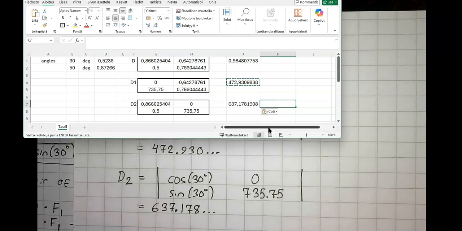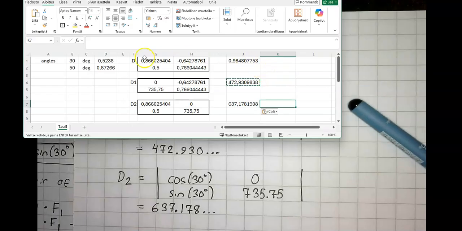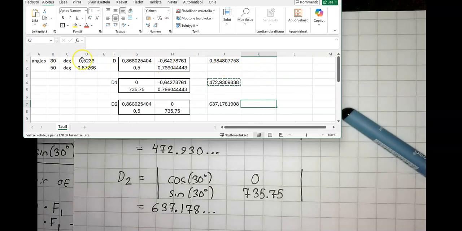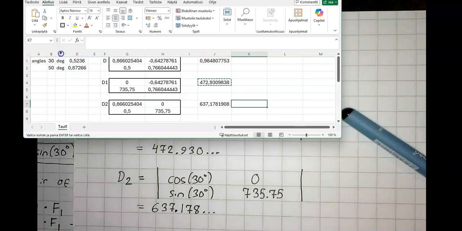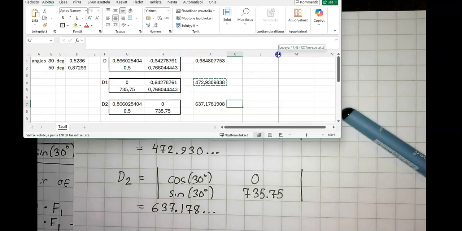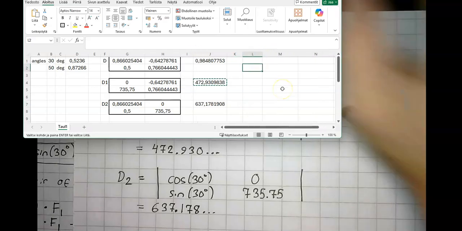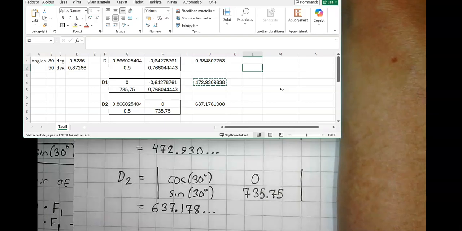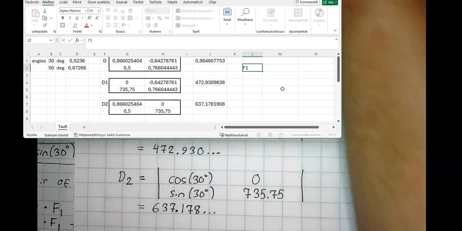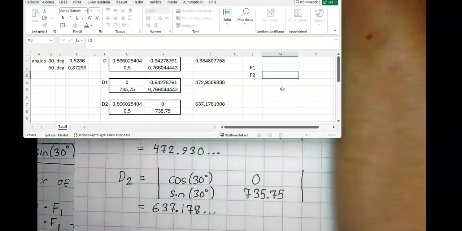And now the values of those unknowns. We know the values of determinants, and we can move this a little bit so we can see the answer here. So I will calculate the value of F1 here and F2 here.